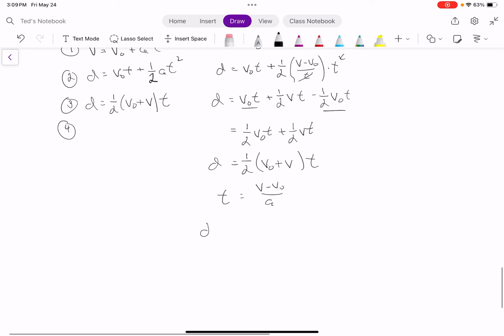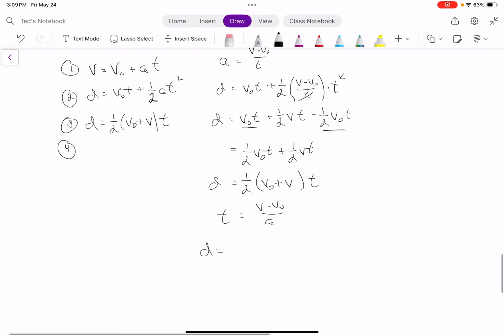So displacement is equal to v0 times v minus v0 over a plus 1/2 a times v minus v0 over a squared.